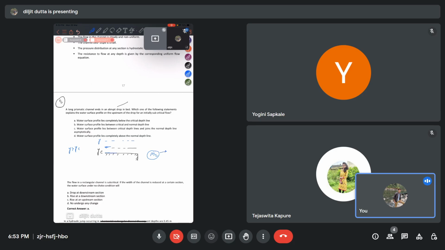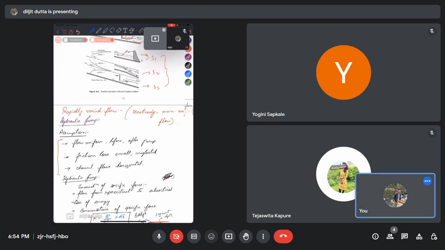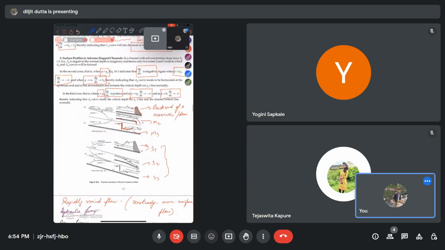If we consider the M2 profile, that is greater than yc for mild slope, and the flow profile due to the introduction of a sudden drop is M2, between the normal depth line and the critical depth line, joining the normal depth asymptotically. Okay, so we have seen this case. Yes, this is the M2.